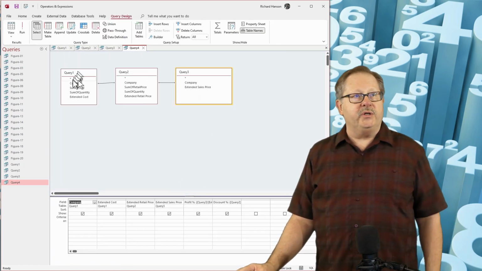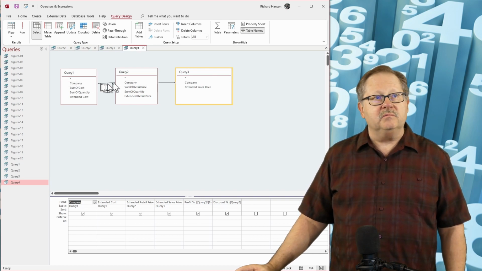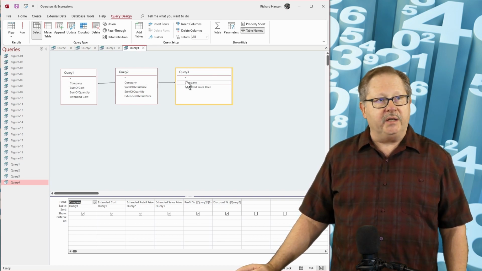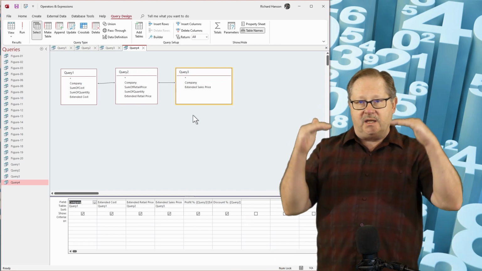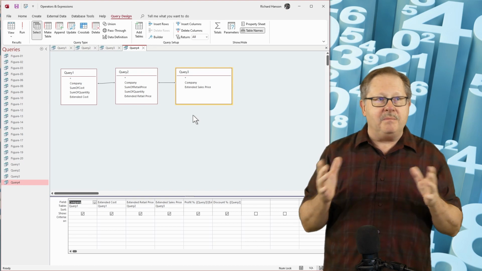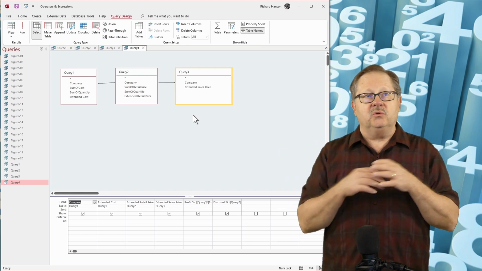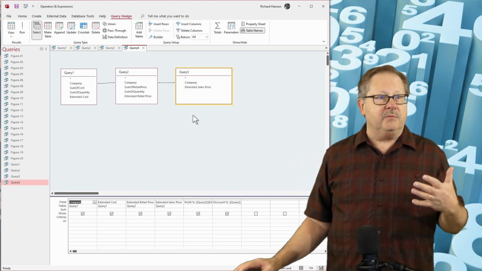I just have the 3 queries here, and I could very quickly link company to company to company to have them in sync. They all have the same number of records because they come from the same retail sales for each company.